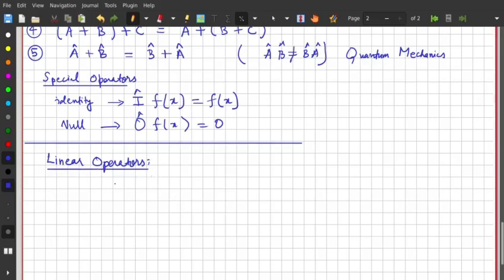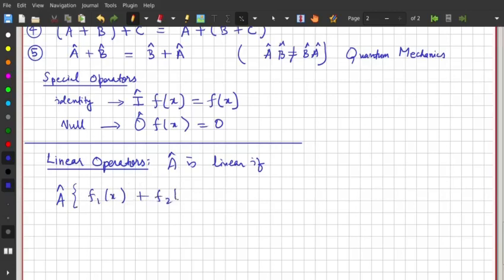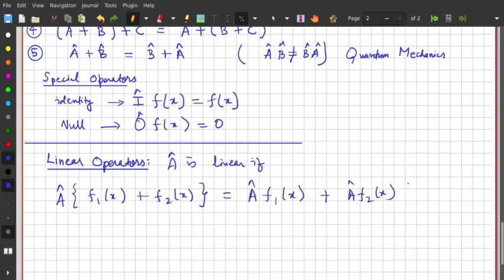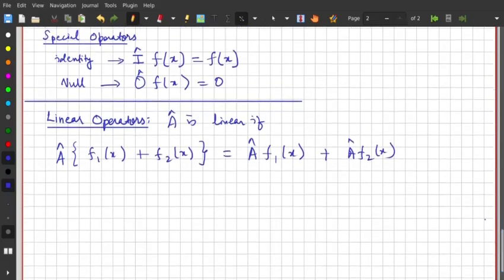Linear operators are those operators that satisfy the following rule: A hat is linear if it satisfies the following: A hat acting on the function f1 of x plus f2 of x is the same as it acting on the individual functions and summing up the results. That's called the idea of linearity.